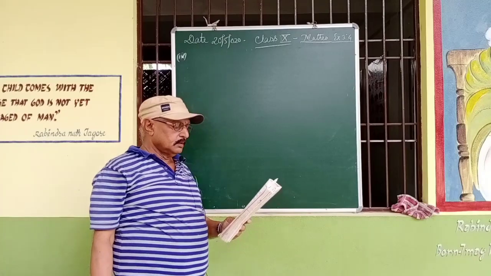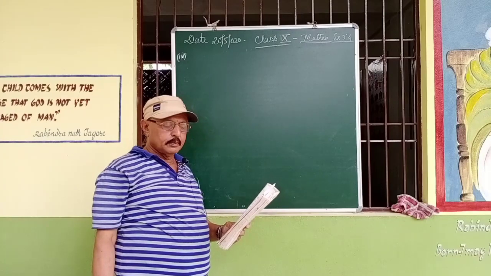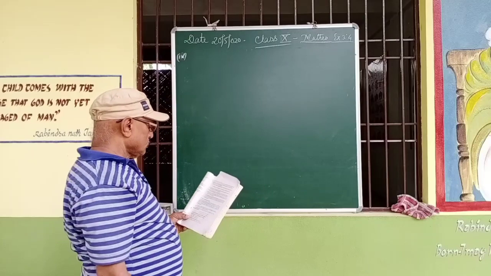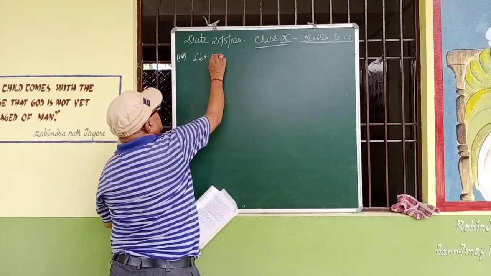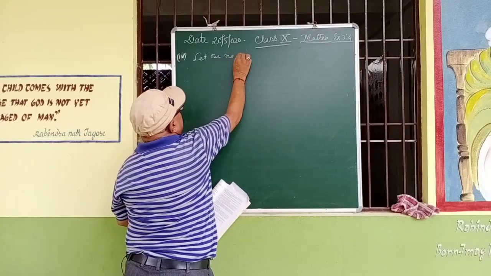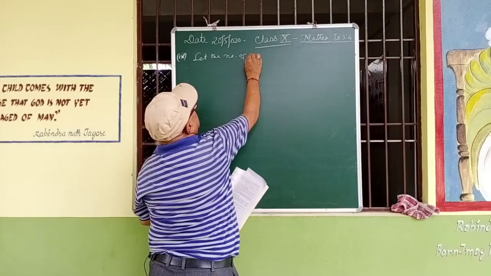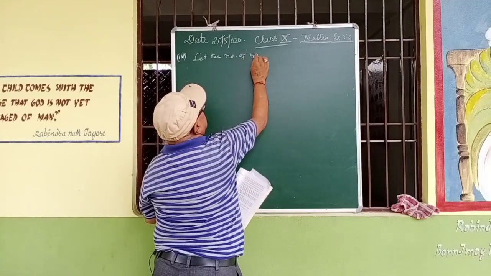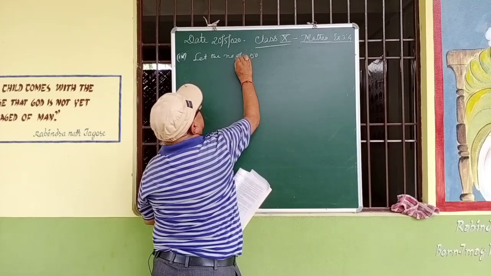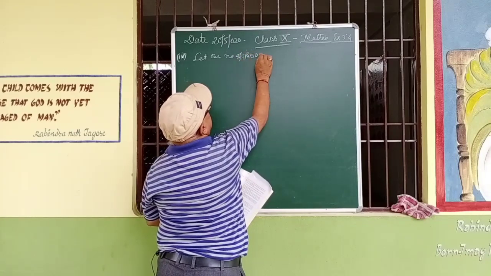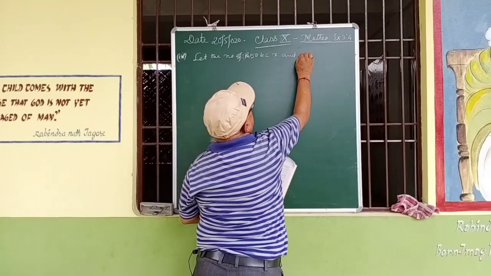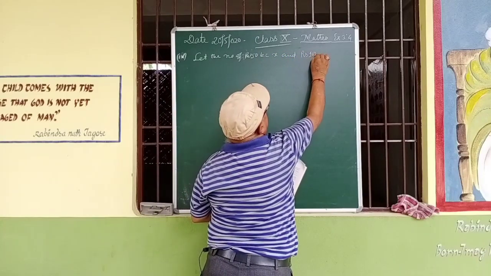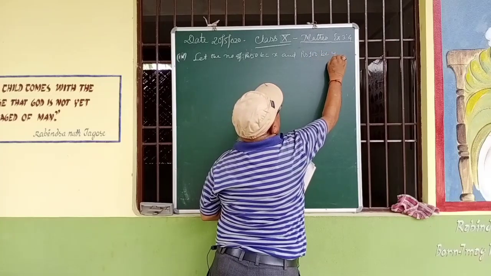So here the total number of notes is 25. Let the number of rupees 50 notes be x and rupees 100 notes be y.